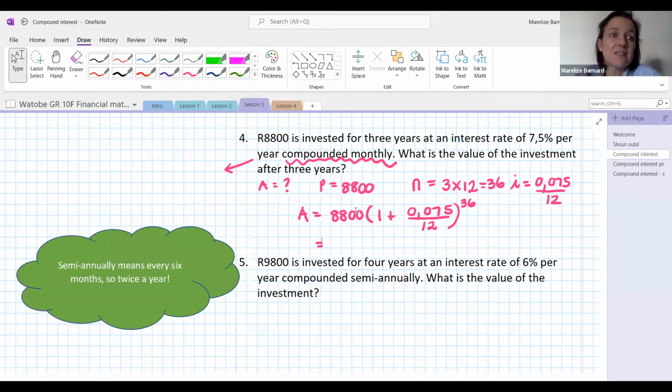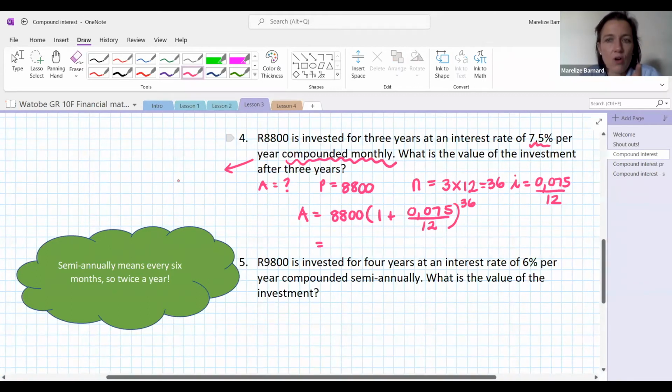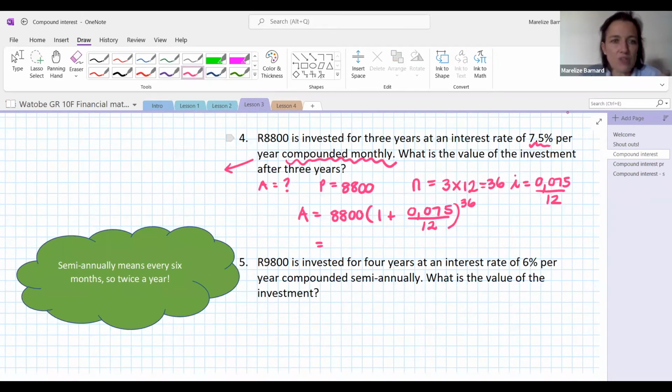Okay, so Eunice is asking why we are dividing by 12. It's because of the monthly compounding. When you are compounding monthly, it means that every month you get part of that 7.5% interest rate.